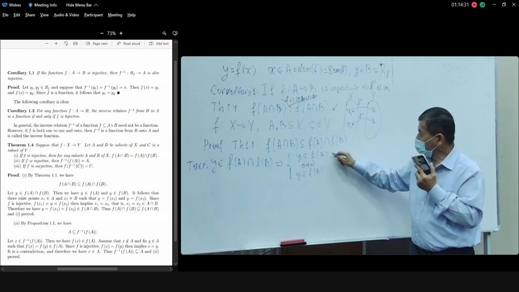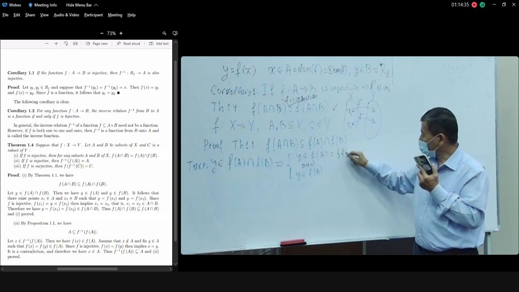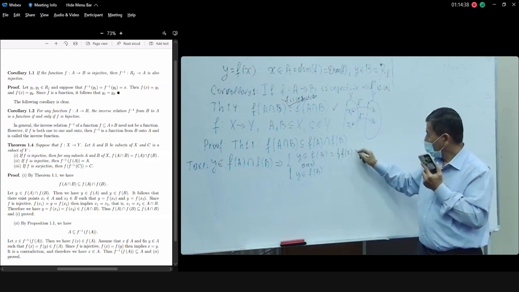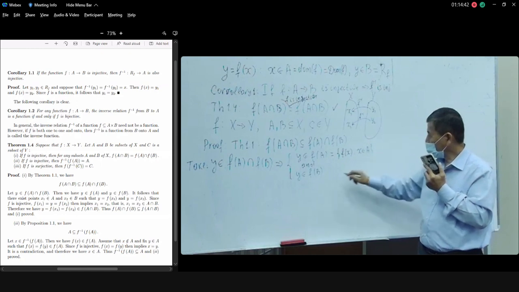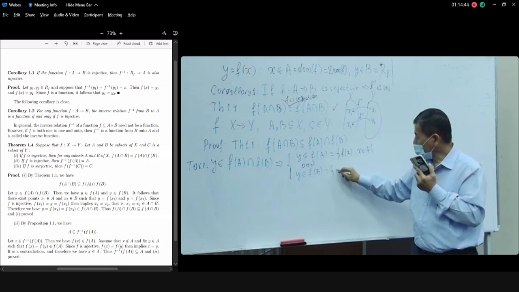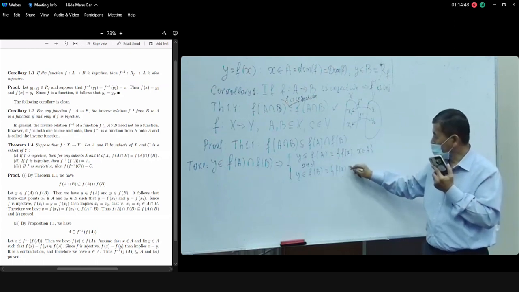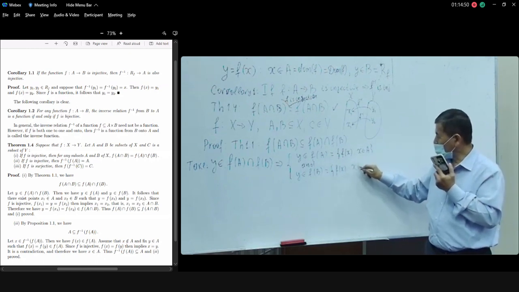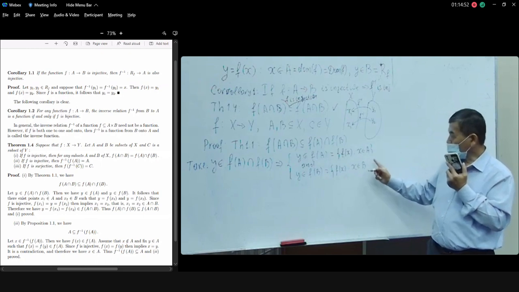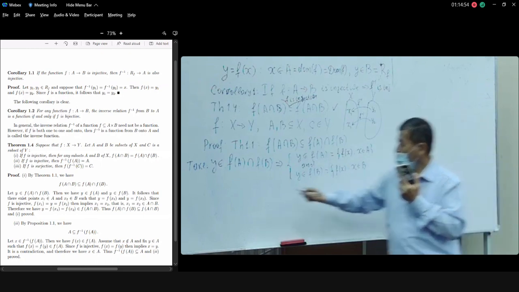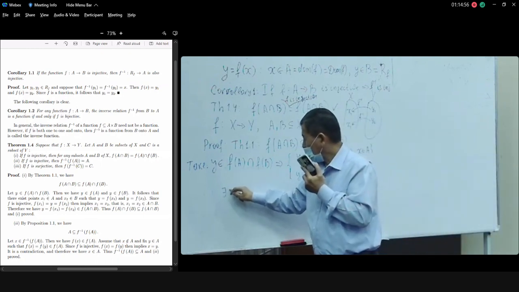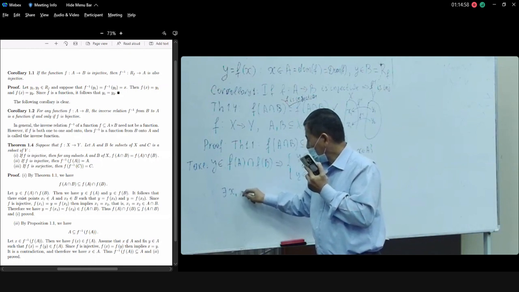By the definition, f of A is the set of all values f of x such that x belongs to A, and similarly for B.